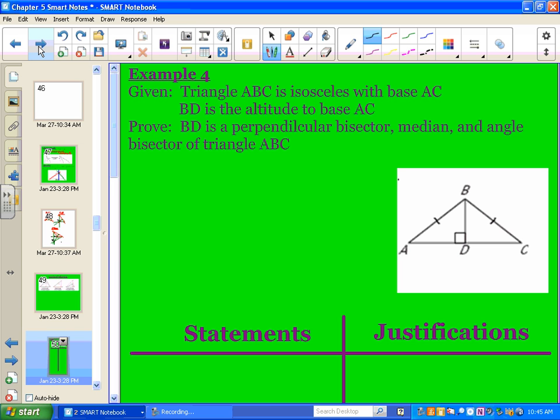In this proof, we have triangle ABC as isosceles. Now, these tick marks shouldn't be there yet. We know that it's isosceles, and we know that BD is the altitude to base AC.